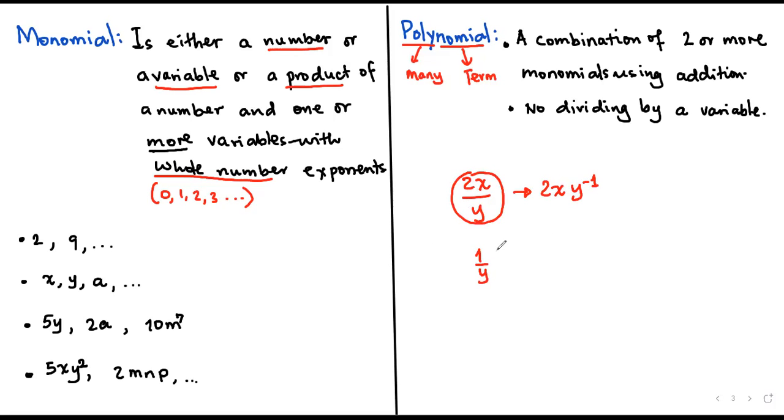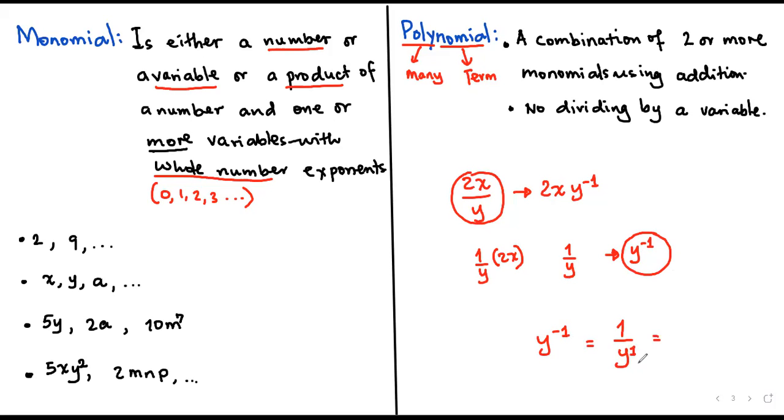So it's like we have 1 out of y, 2x. But 1 out of y, when we write it using powers, then we are going to have y to the power of -1. I think you remember this. So when we have y to the power of -1, remember we say that this is 1 out of y to the power of 1.